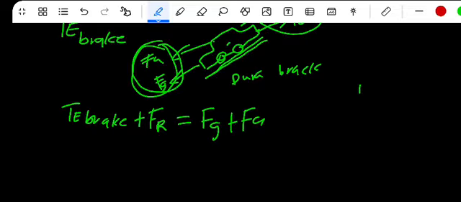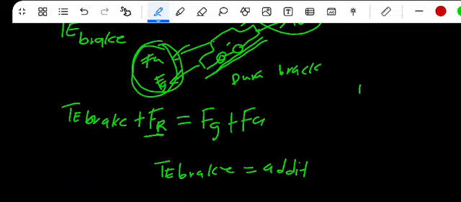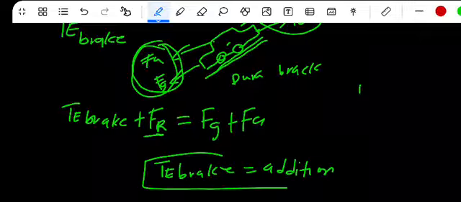Remember this is a resistance, the additional rolling resistance will be equal to T break. It will be equal to that additional.